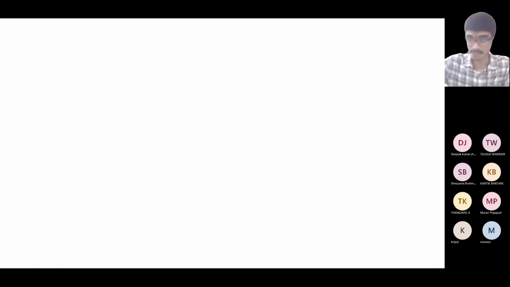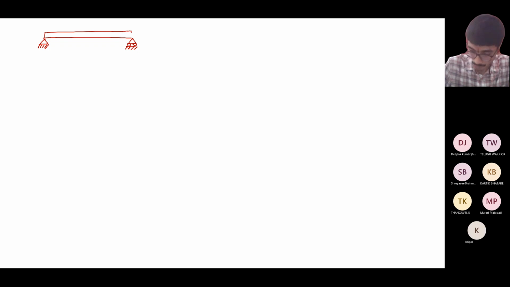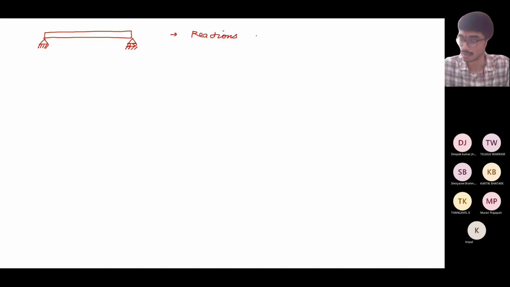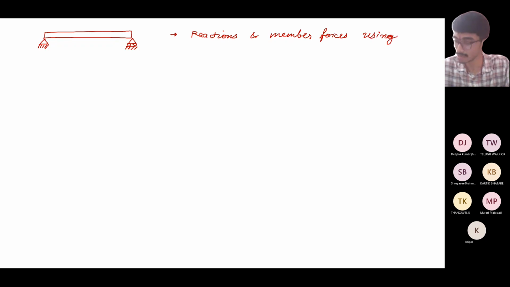As I said, typically, if we have a structure, we can determine the reactions and the member forces using the equilibrium equations.